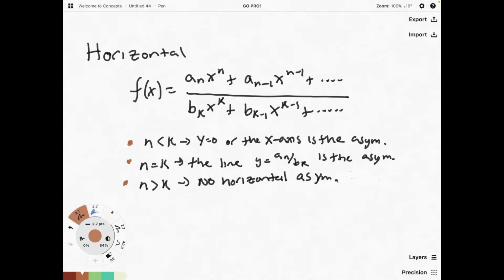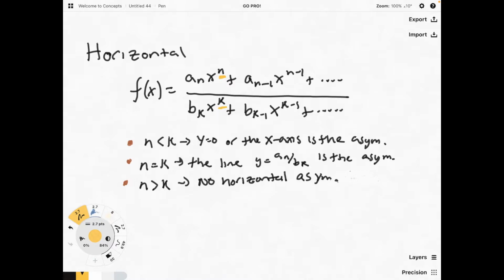In those rules, we're looking specifically at the exponent of the numerator and the exponent of the denominator. Looking at the first rule, if n is less than k, then y equals 0, or the x-axis, is our horizontal asymptote.